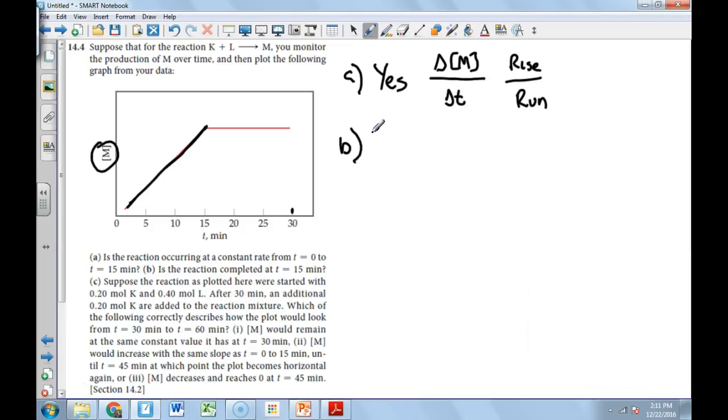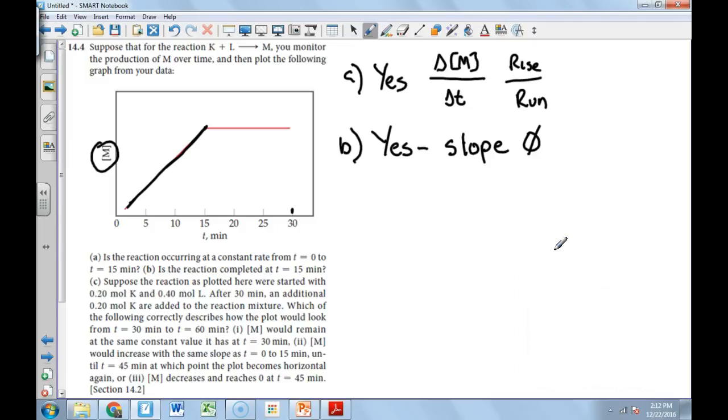And my answer is yes, because here the slope is equal to 0, which means that the rate is 0, and that means that there are no new products being made or no new reactants being made.